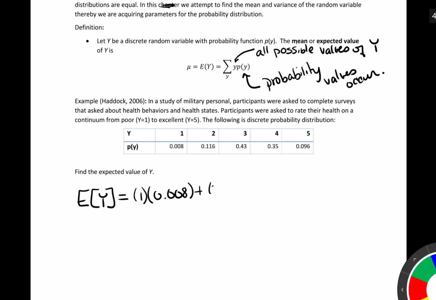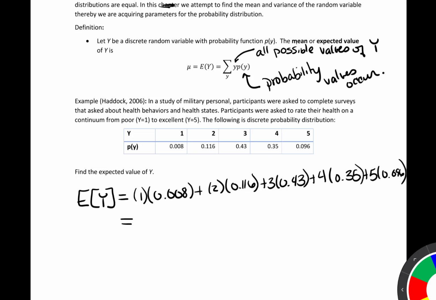Add to that 2 times the probability that 2 occurs, 3 times the probability of 3, and so on. Okay, take a moment, go ahead and put that in your calculator. I get 3.41.